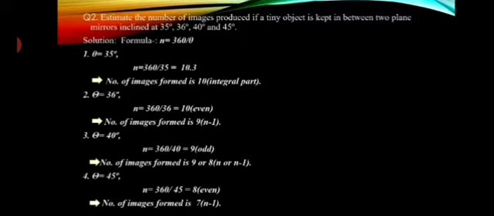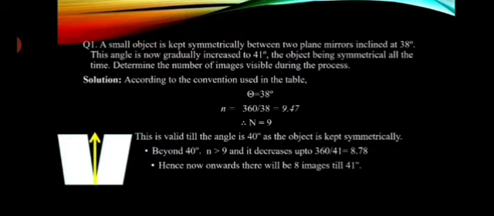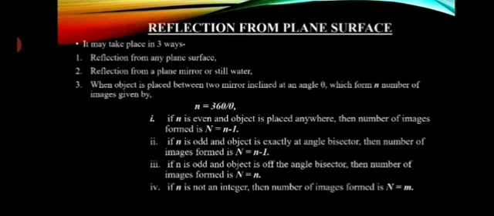The rules for number of images, just go through them once. I'll show you that if small n is even and the object is placed anywhere, the number of images will be equal to n minus 1. Whereas if n is odd and the object is placed exactly at the angle bisector, then also the number of images will be n minus 1.